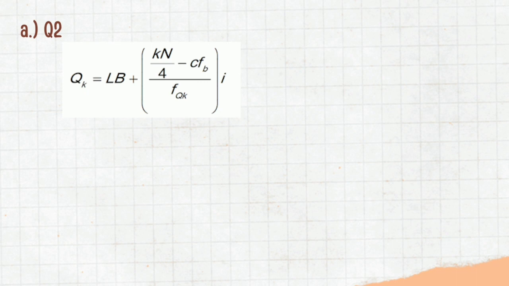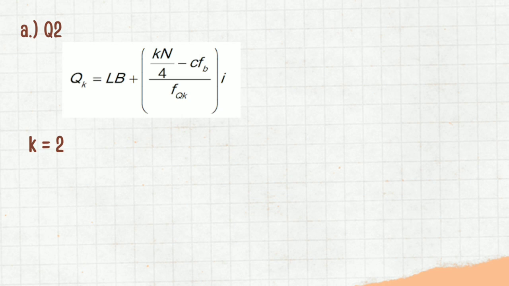So let's identify first the second quartile. As we can see, we have to identify first the important values to find the second quartile. Here, k is already given by Q2.